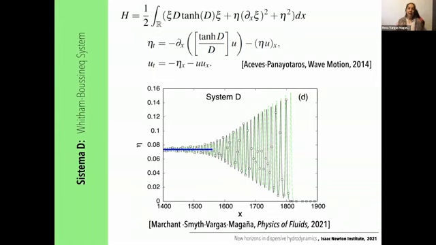And finally, there is the Whitham-Boussinesq system, which has been derived again from the Hamiltonian formulation in this framework. And they also have these KdV undular bores.